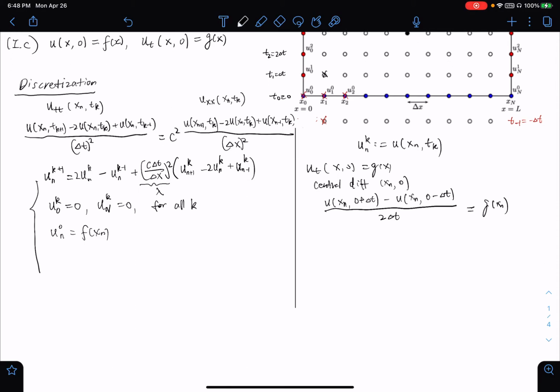So now we have obtained a relation between the u values at any xn on the first time step and the fictional time step minus delta t.